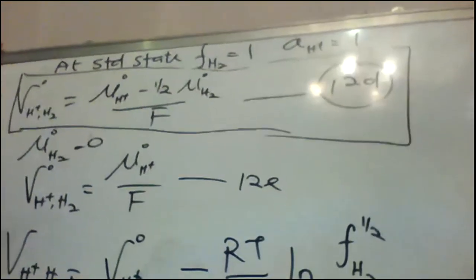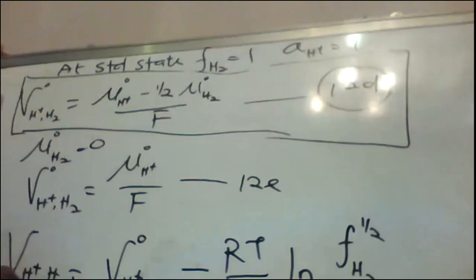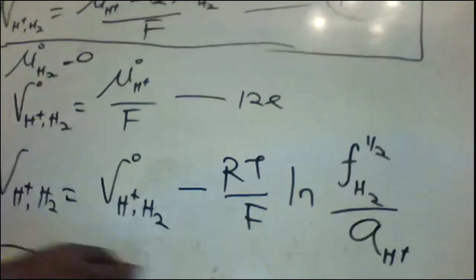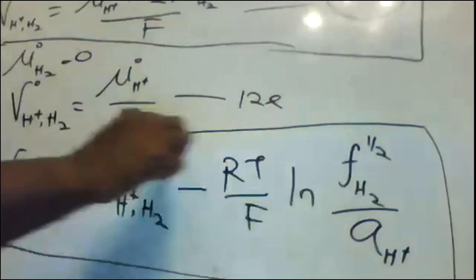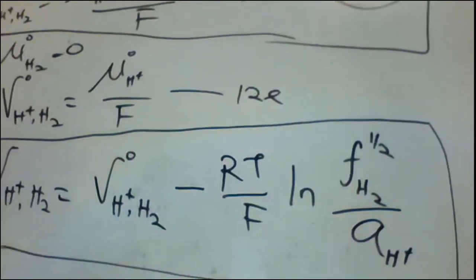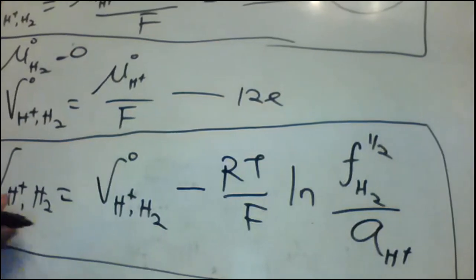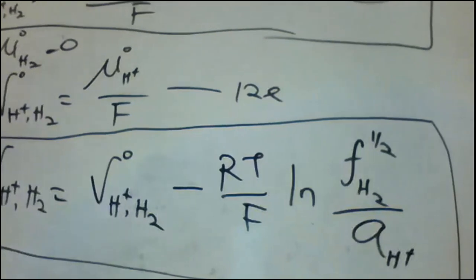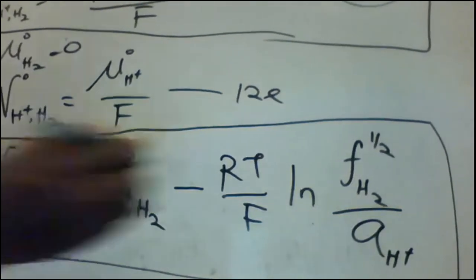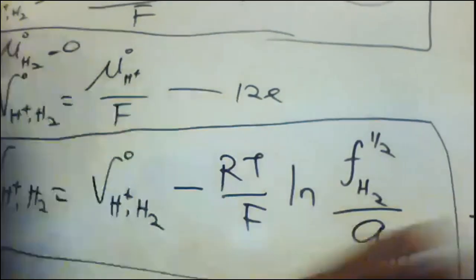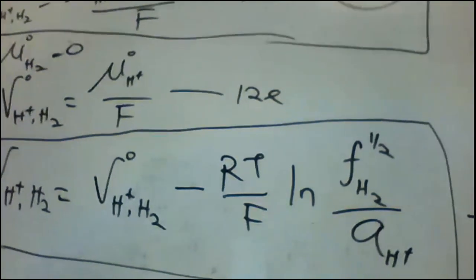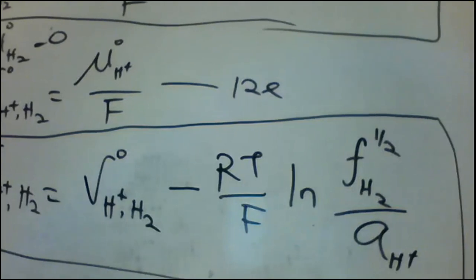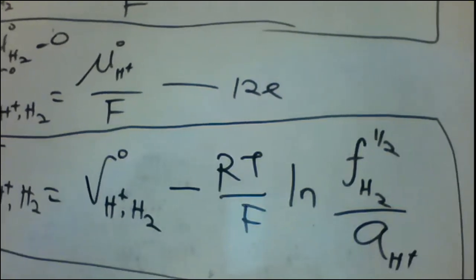And this right here is the equation when you don't have standard states. This is what we call our Nernst equation. So you can say E equals E naught minus whatever you want to put at the back. This is equation 13, the Nernst equation for the hydrogen electrode.